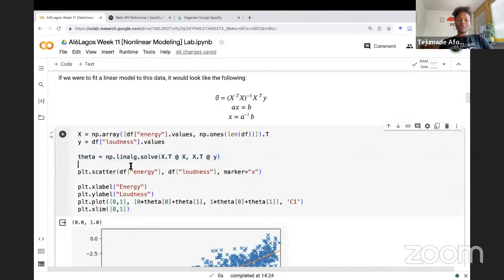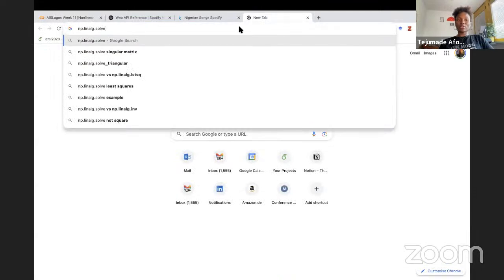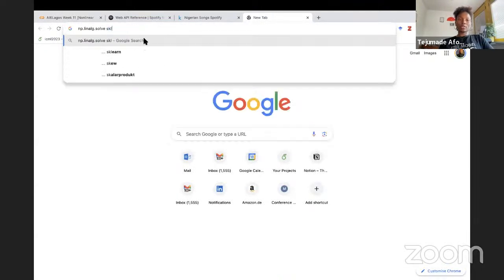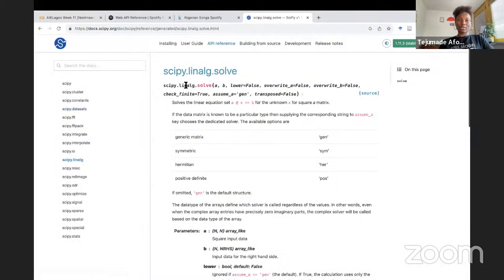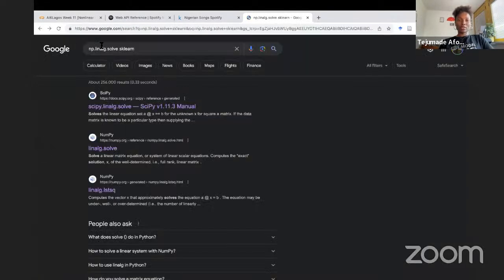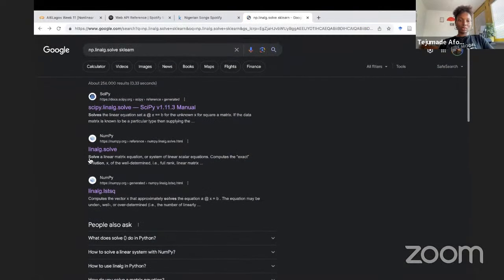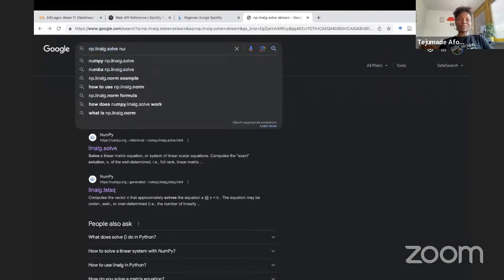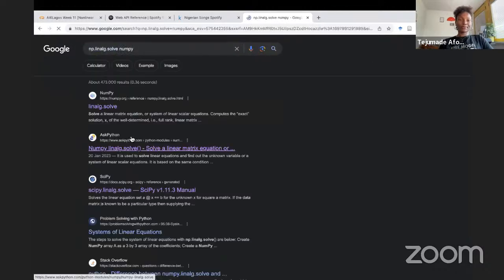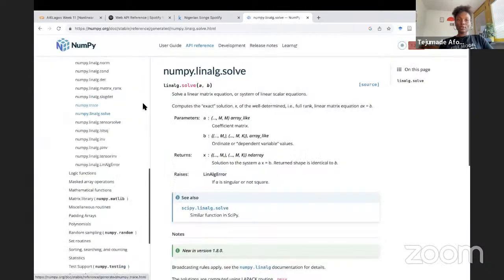If you're curious about what this solver is, you can look at it on SciPy. I'm looking for, oh no, I said sklearn, NumPy rather. Sorry. You can just look at NumPy.